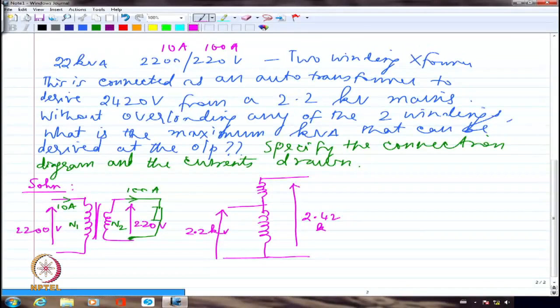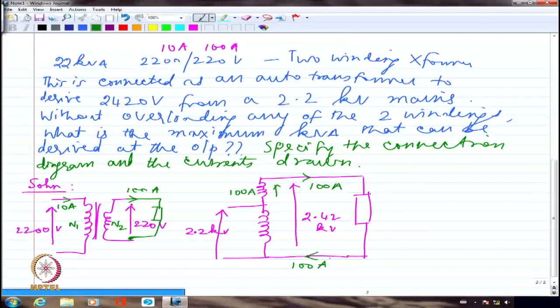So I know for sure that this particular winding, the 220 volts winding, can carry a current of 100 amperes without getting overloaded. So I assume that it can carry up to 100 ampere. I will have to see how I am going to do the whole thing. So if this is carrying 100 ampere, this will follow Kirchhoff's current law. So I will have 100 ampere here, and this will be returning again 100 ampere. Kirchhoff's current law, I am just showing KCL. Fine.